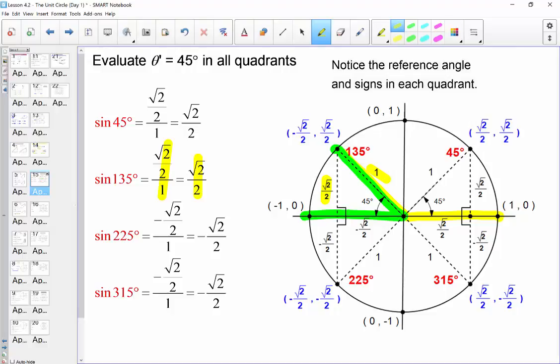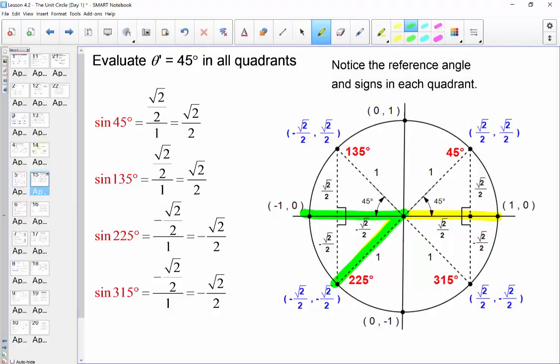Let's now evaluate 225 degrees, which is formed by the standard angle here, and we can find its reference angle. Since the reference angle is the difference between the terminal side and the x-axis, we know that the reference angle is also 45 degrees because 225 degrees minus 180 degrees equals 45 degrees.